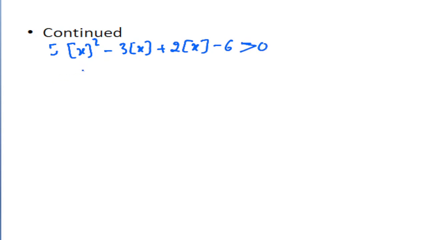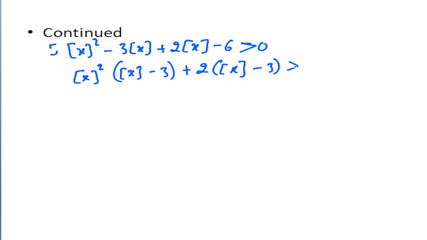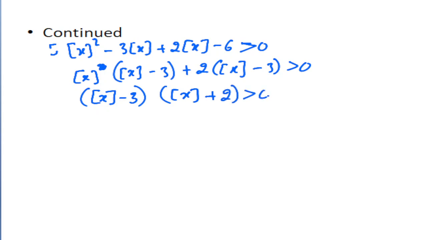Now take out common greatest integer function x, then greatest integer function x minus 3, here plus 2 is common, greatest integer function x minus 3 greater than 0. So we got two factors here, greatest integer function x minus 3 and one more, greatest integer function x plus 2 greater than 0.